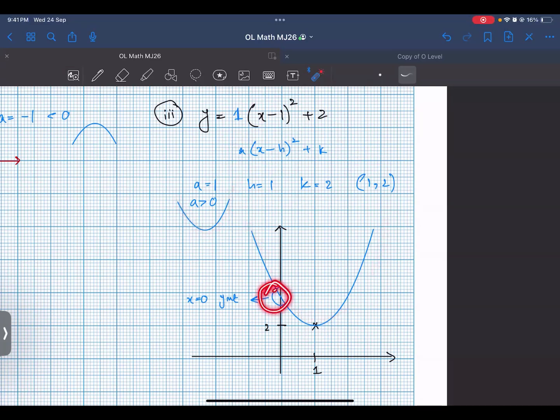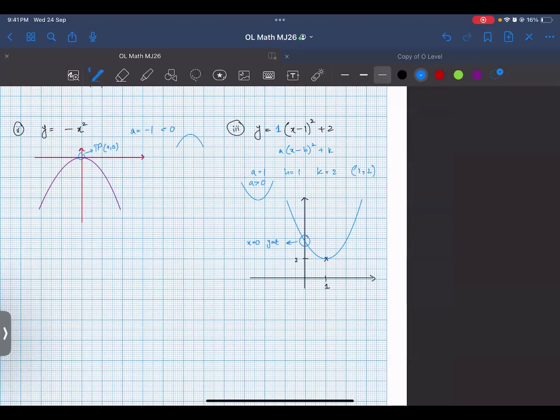And you can see that this would be crossing the y-axis. At the y-axis, we know x is 0. So use your same equation and input the value of x as 0. So y is equal to 1 times (0 minus 1) whole squared plus 2.